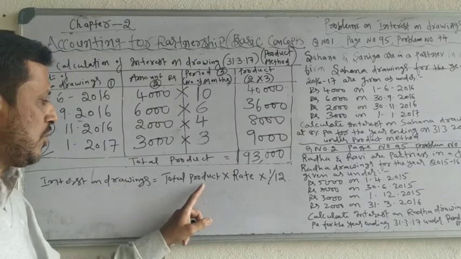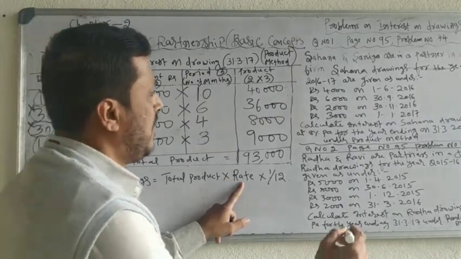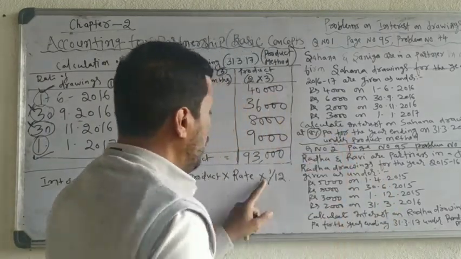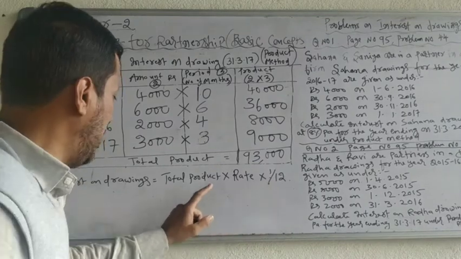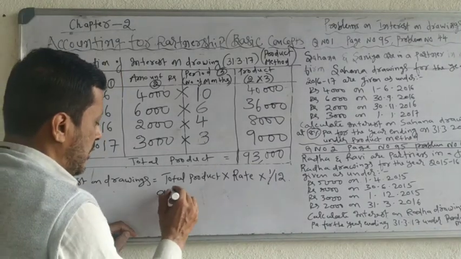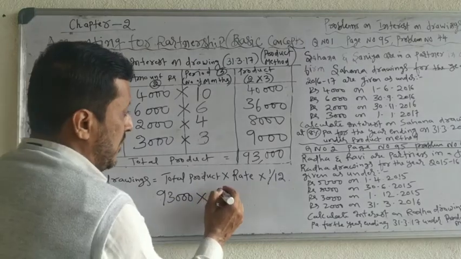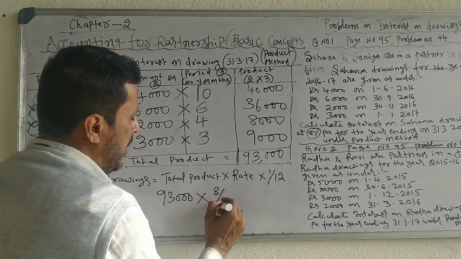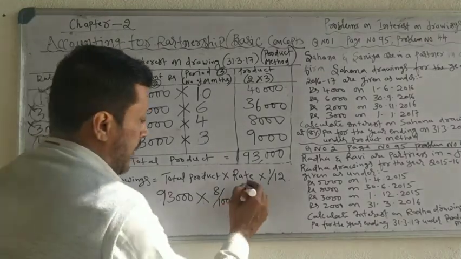Interest on drawings equals total product into rate into 1 by 12. Rate is given here, 8%. 1 by 12 means 1 month. Okay, this is the formula. Total product is 93,000 into rate 8%. 8% you have to write as 8 by 100 into 1 by 12.